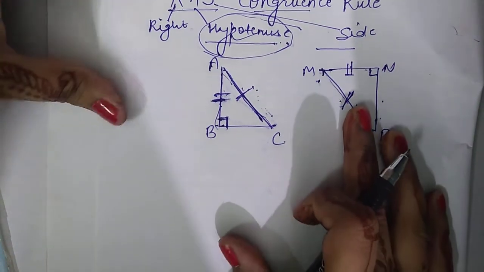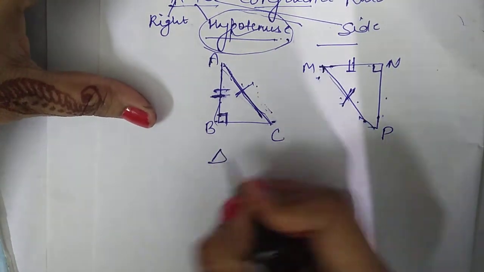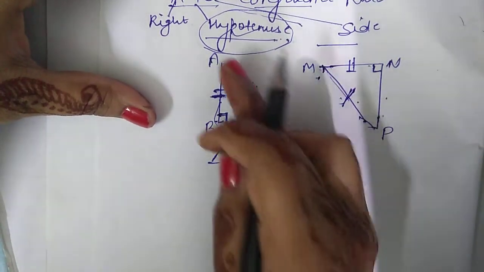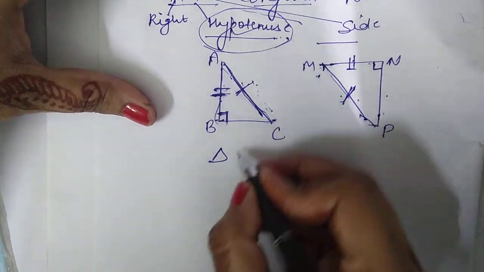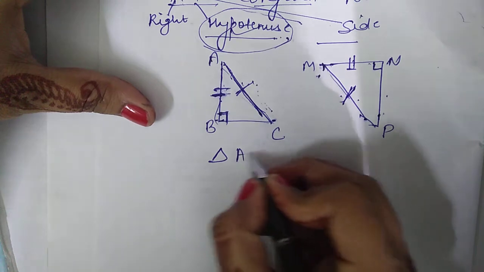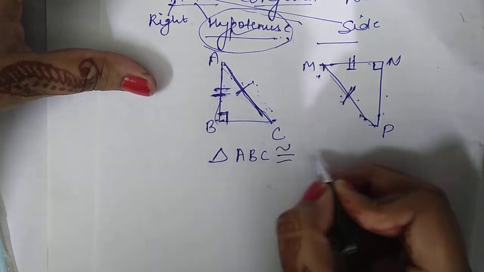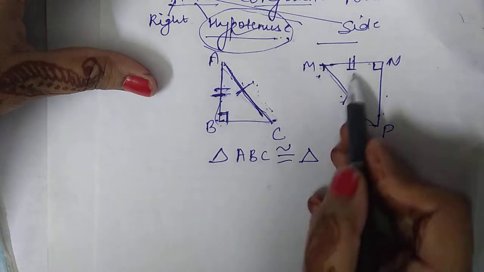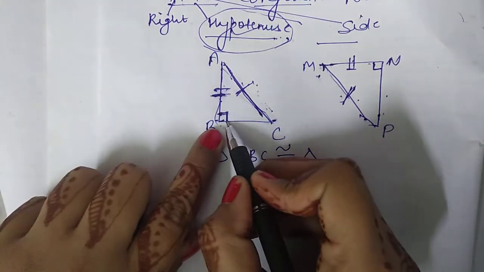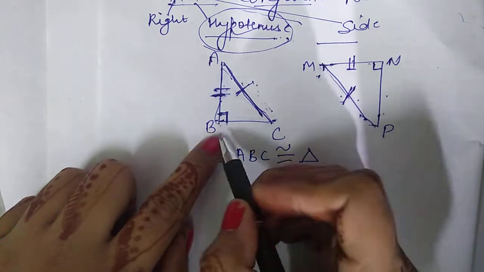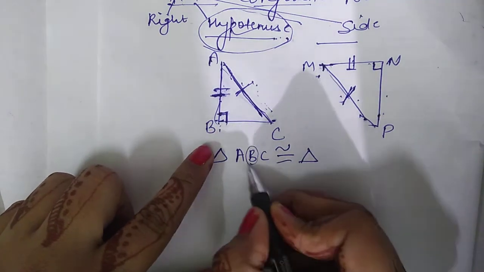Now the symbolic form. You can give any name, in any way you can write the name of this triangle. So let it be triangle ABC is congruent to triangle. Now again one angle is given, so first fix the position of the angle. Here it is angle B, 90 degrees.